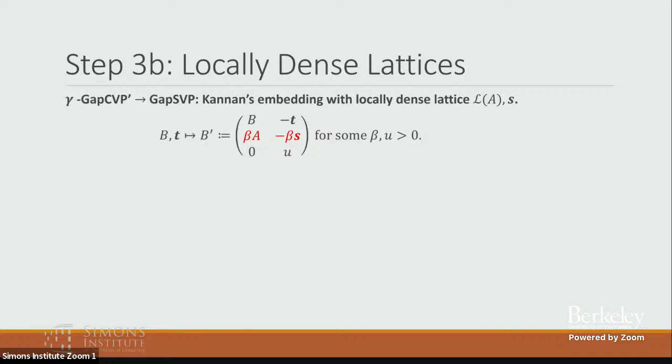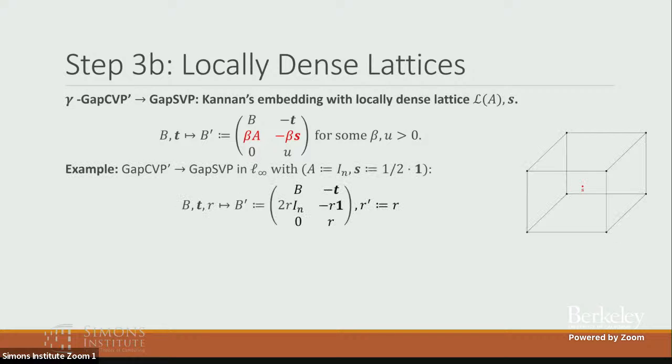The intuition here is that the lattice generated by A has no short vectors, so lambda 1 is large. This makes lambda 1 of this whole thing large. You think of this stack as corresponding to B in the previous slide. And nevertheless, we still have lots of close vectors, in some coset of the lattice generated by the gadget.